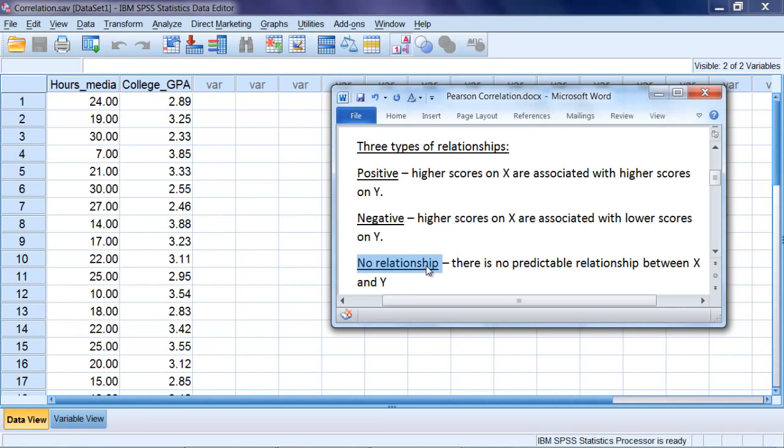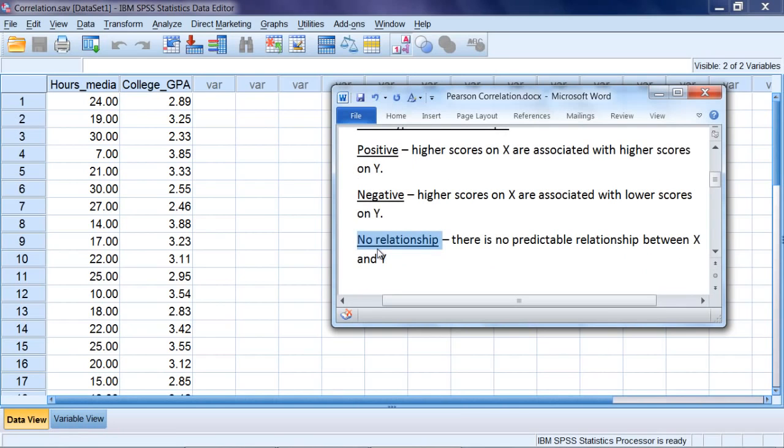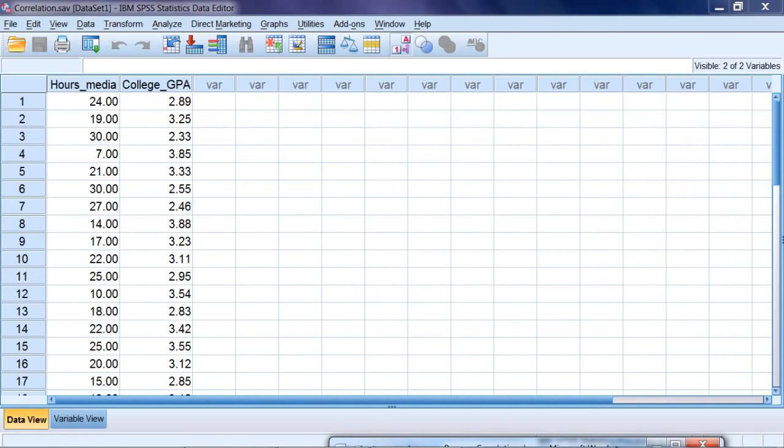If you have a high x, you're going to once again have some low y's, medium y's, and high y's. There's no predictable relationship between x and y, for a correlation that exhibits no relationship at all between the two variables.